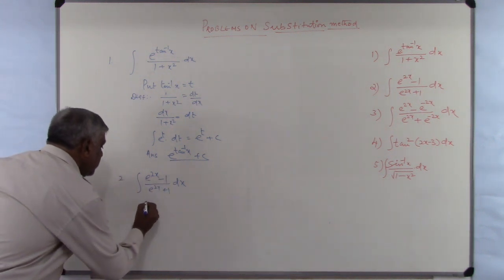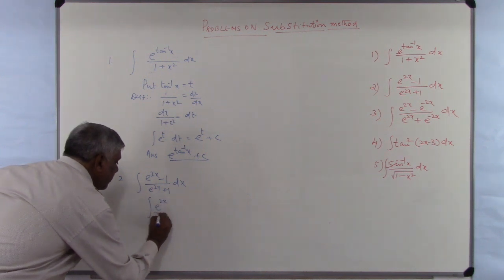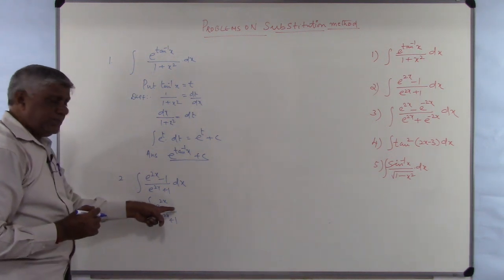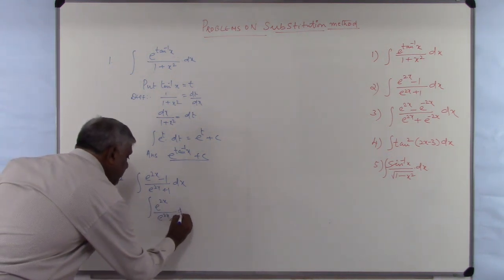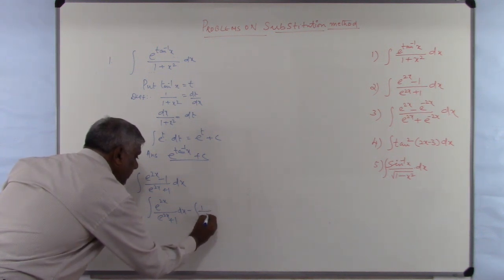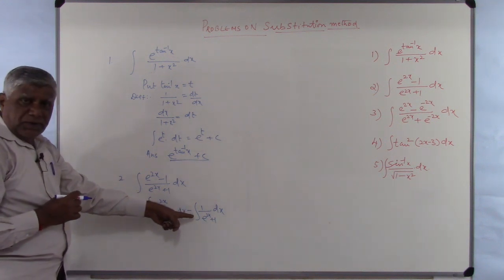Now I am going to split it like this: e to the power of 2x by e to the power of 2x plus 1 into dx, minus 1 over e to the power of 2x plus 1 into dx. Can we do it like this?